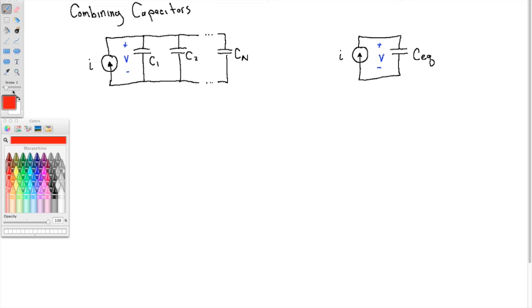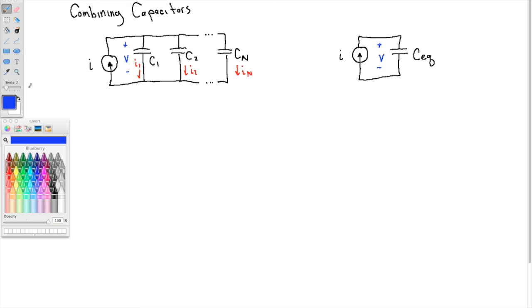All right, so in this figure on the left, I comes up and it splits. So we'll call this I1, I2, and so forth, IN. And it's important to point out here that V does not get a subscript 1, 2, 3, etc. Because, again, this is a parallel circuit, so they all have the same voltage. It doesn't matter what branch we're at, it's still V, V, V. Same voltage, parallel circuit.